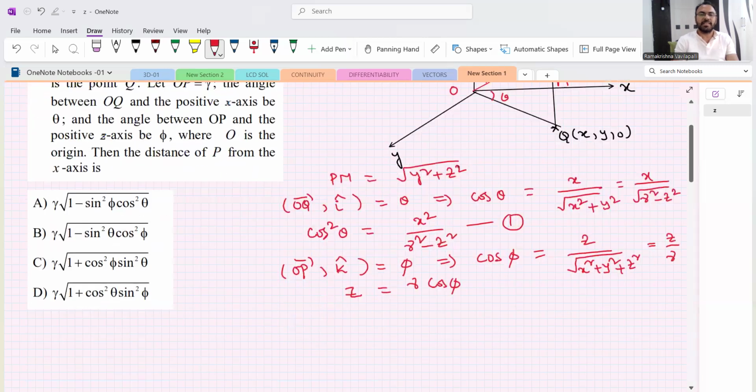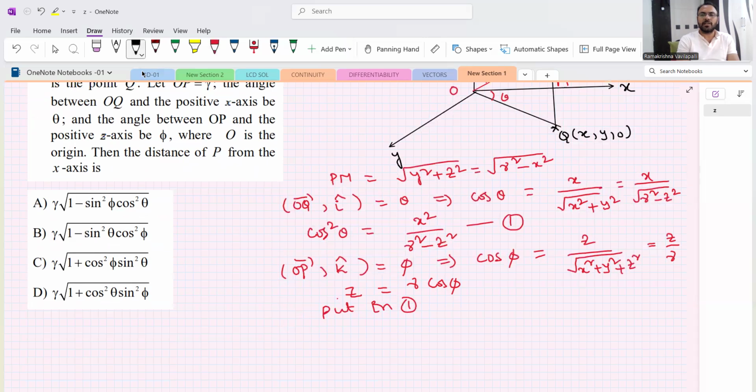Well, here you see this PM is nothing but gamma square minus x square. So substitute this z value, put it in equation 1.